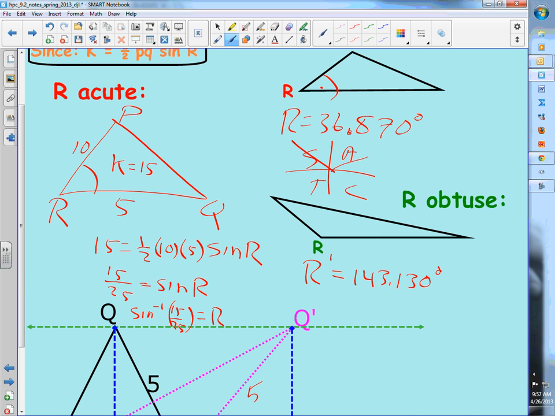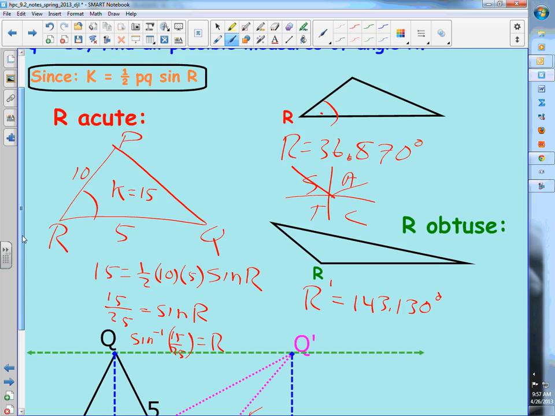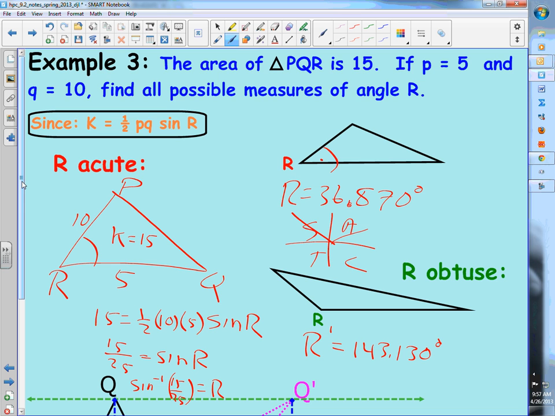When you do a trig inverse, you need to check both answers. So when we talk about that ASS situation in a couple of days, that's going to be a big deal. And the big deal of not doing that means you're not going to get the second set of answers. So in this particular problem, they're kind of telling you, find all possible measures.